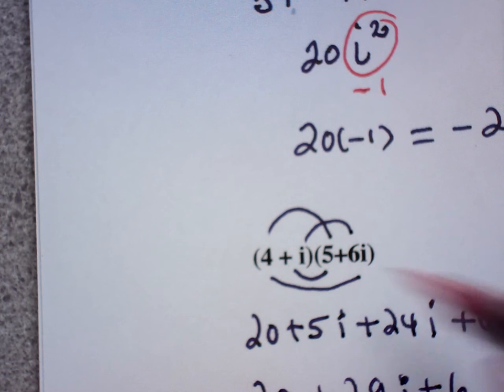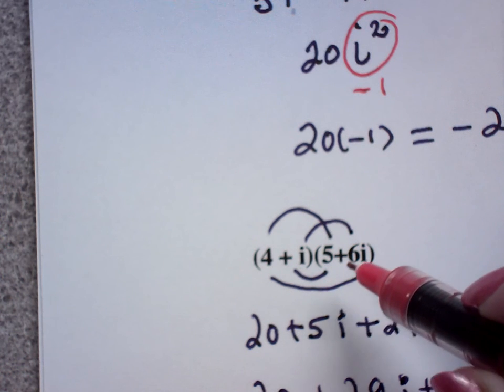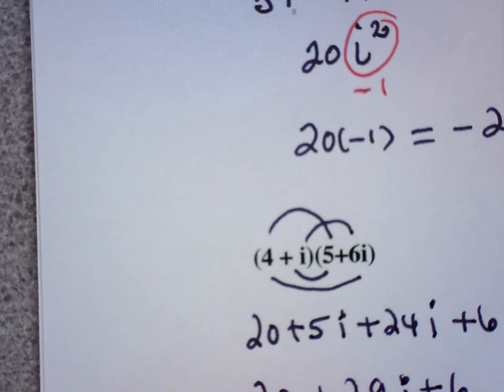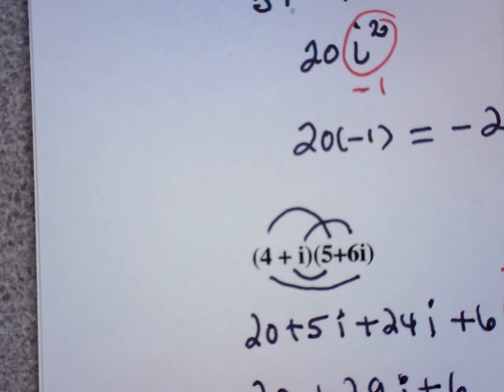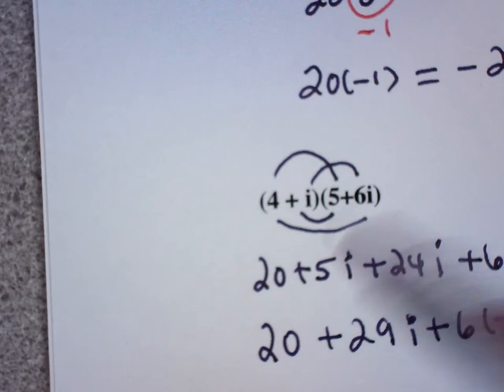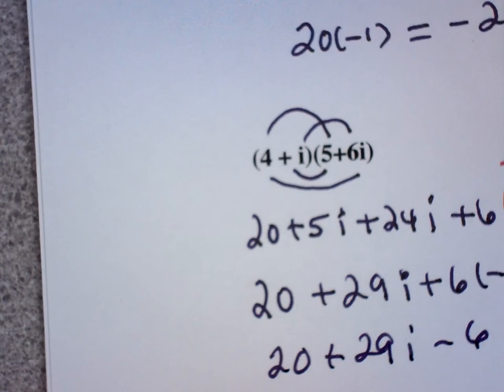Minus 1. Inner and outer: 5i plus 24i is 29i. And the last is minus 6 times minus 1. So it's 20 plus 29i minus 6, or 14 plus 29i.